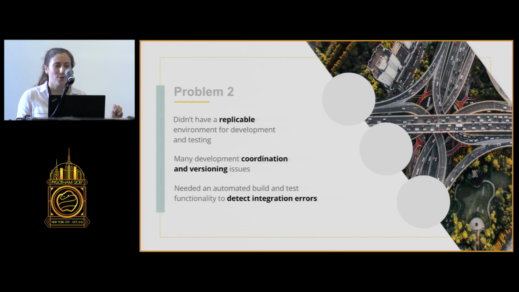Second problem, which might be familiar to startup people too, is that we didn't have a replicable environment for development and testing. That causes nightmare problems because we had different versions of our 5 different applications.